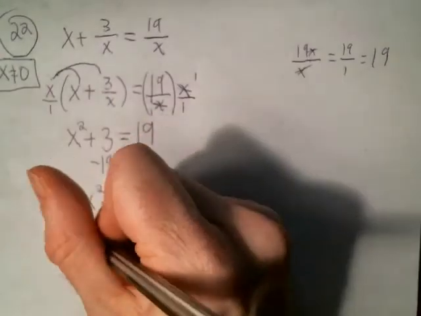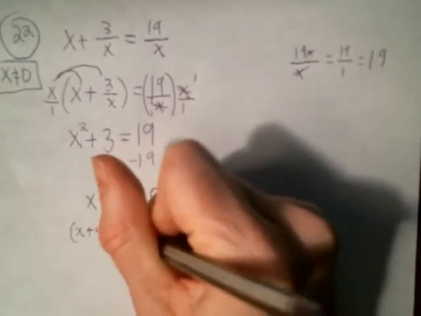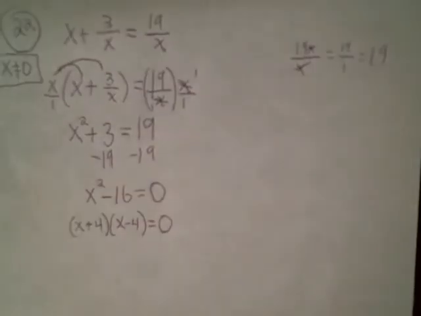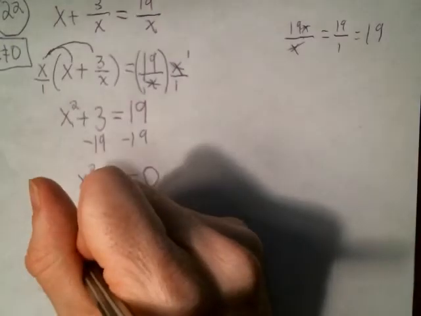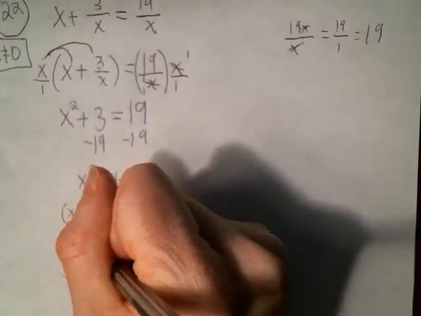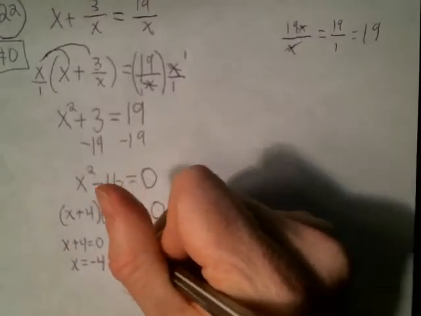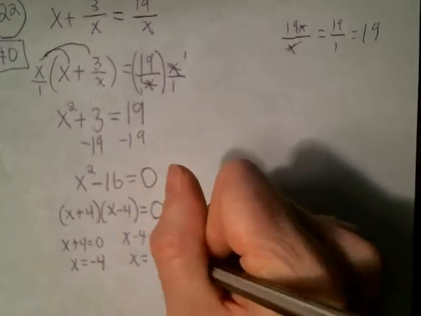That's a difference of squares, so we can factor that into x plus 4 times x minus 4 equals 0. I'll take it apart. So x plus 4 is 0, in other words, x is negative 4. And then x minus 4 is 0, so x is positive 4.